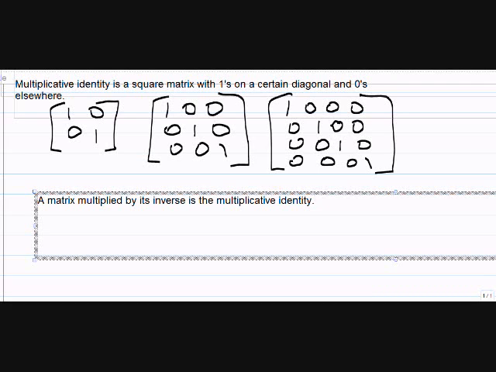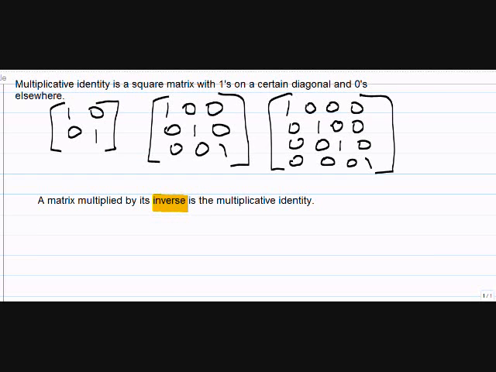So if I have some matrix A and I multiply it by its inverse, which I abbreviate by writing A with a little -1, which means reciprocal, which means inverse also, then some matrix times its inverse will equal an identity matrix.